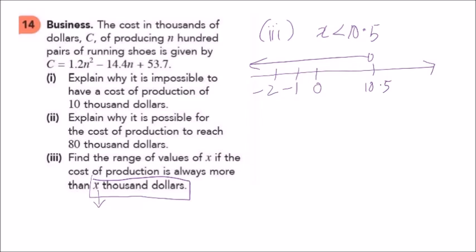Then the next question you have to ask yourself is, if you're talking about currency, can you have a negative number for money? It's not quite possible, right? So therefore, the range of values of x will be strictly more than 0. It has to be a positive value and less than 10.5. So that would be your answer.